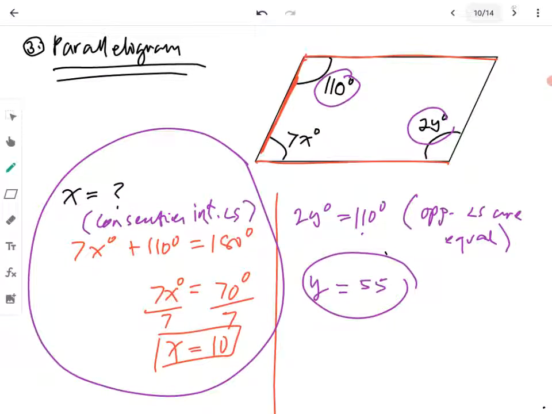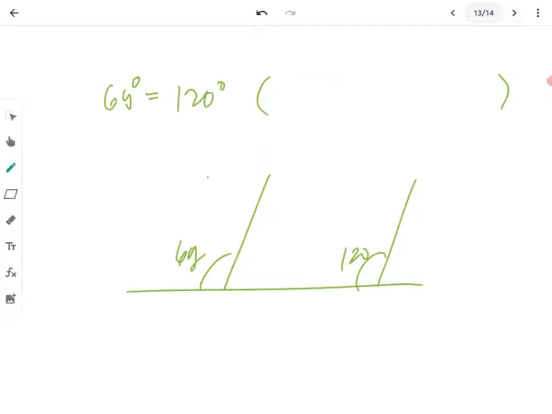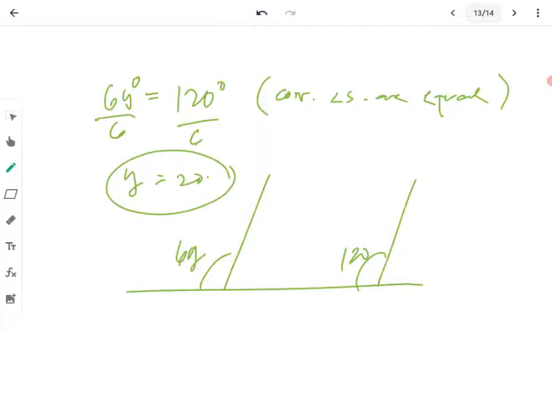So our reason for that is corresponding angles are equal. Okay, so we can solve: y is just 20.